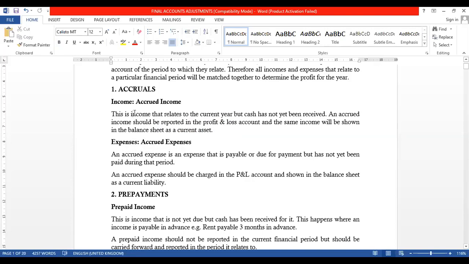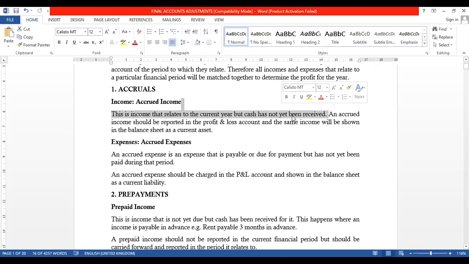For example, if you worked for a company in January this year and they have not paid you that money, it is still your money, right? Therefore, that is the amount we are calling what? Accrued income. This is income that relates to the current year, but cash has not yet been received.